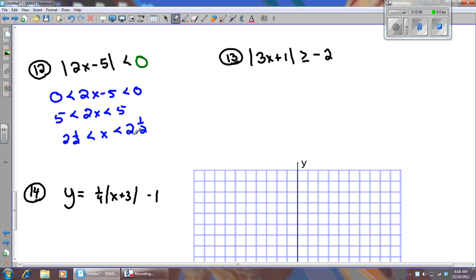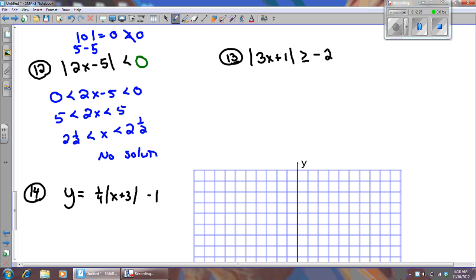Okay, so maybe you're thinking the answer is 2.5. Well, if I plug 2.5 here, 2 times 2.5 is 5. I get 5 minus 5. Is that 0? Of course it is. But the absolute value of that equals 0. It's not less than 0, is it? No. There is no solution to this problem.